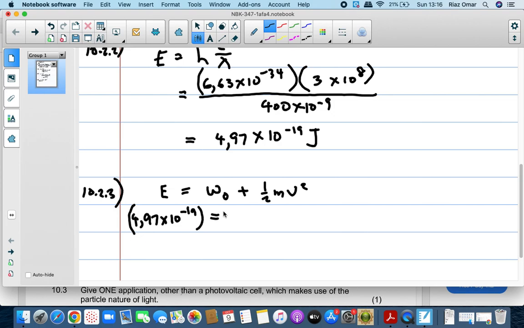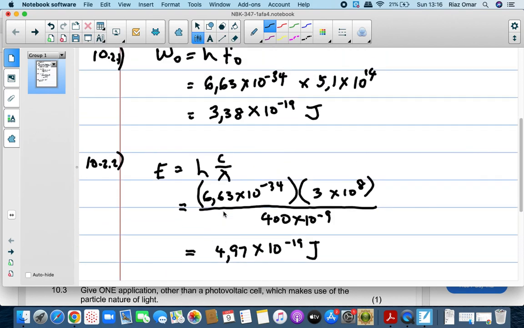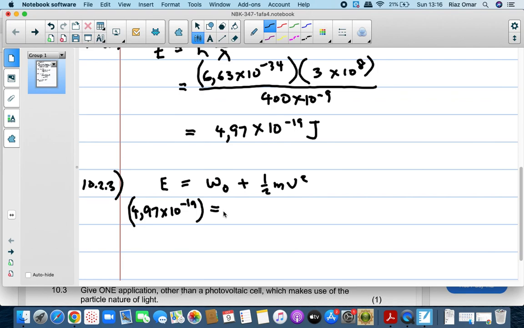That equals the work function of the metal, from 10.2.1, 3,38 times 10 to the minus 19, plus EK max. Instead of writing half mv squared here, we could have just said the kinetic energy of the electrons that will be emitted.